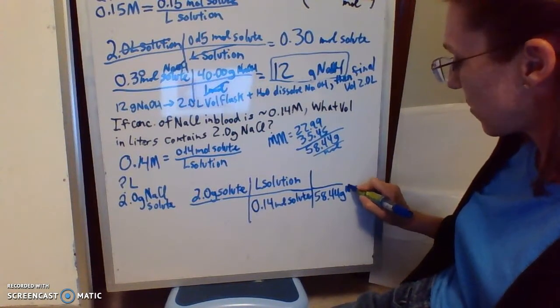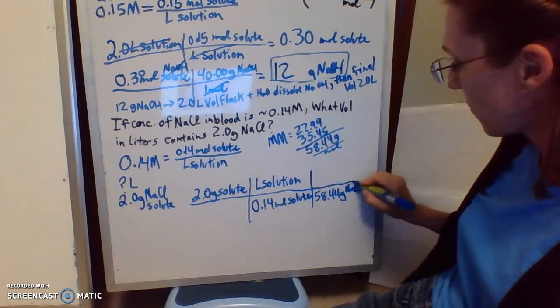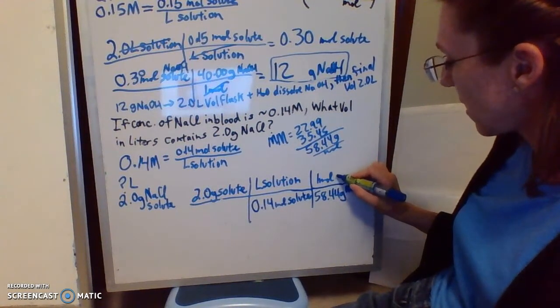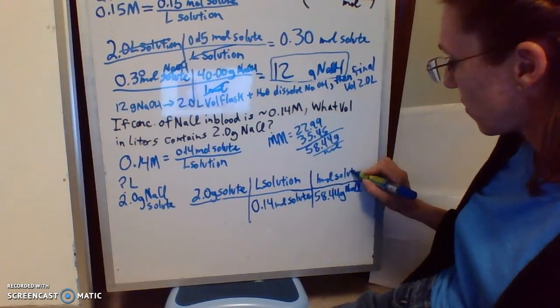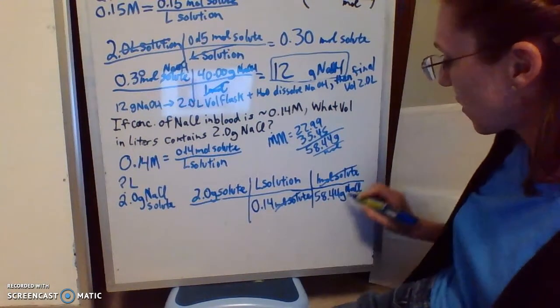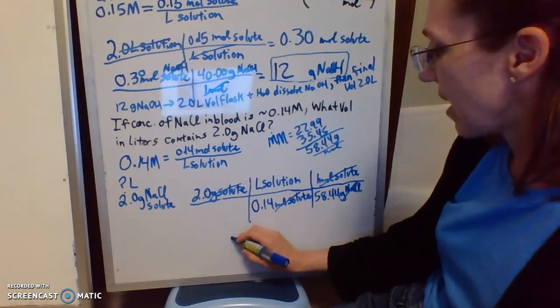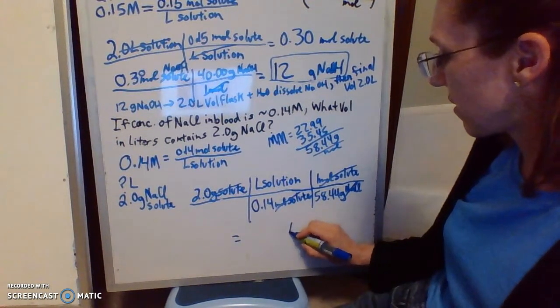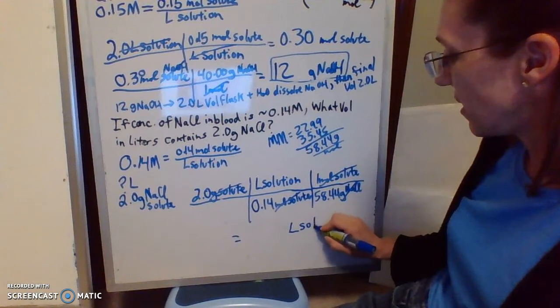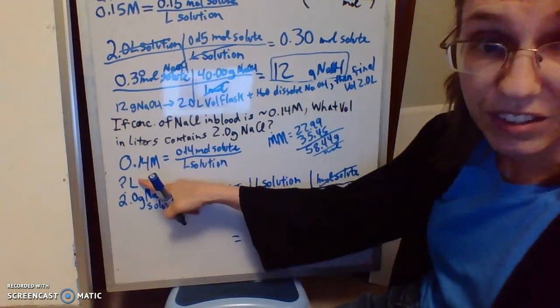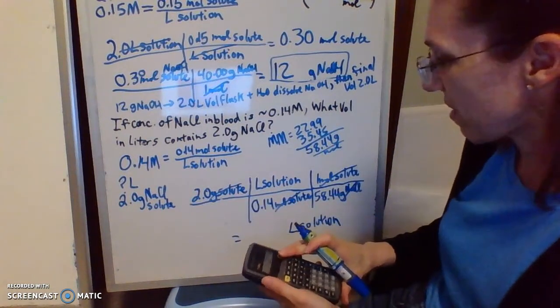And we're talking about the sodium chloride, the solute. And the 1 mole goes on the other side, again, of the solute. Moles of solute cancel out moles of solute, grams of solute with grams of solute. And the only thing we haven't canceled out is liters of solution. That is what we were asked for, so let's go ahead and do the math.